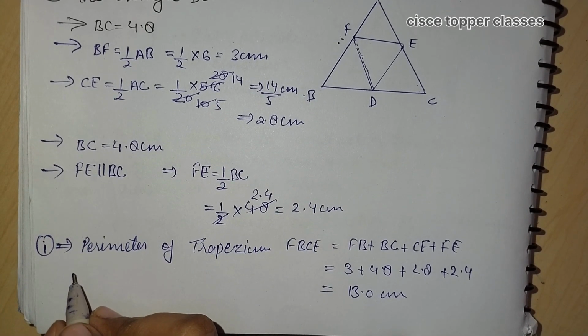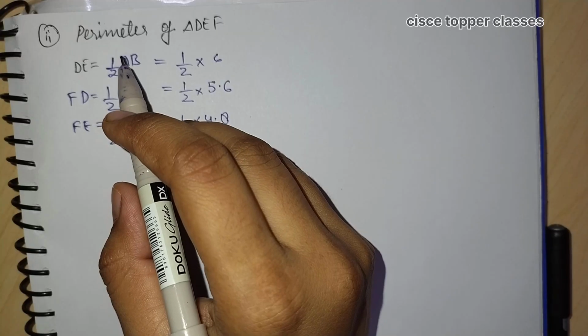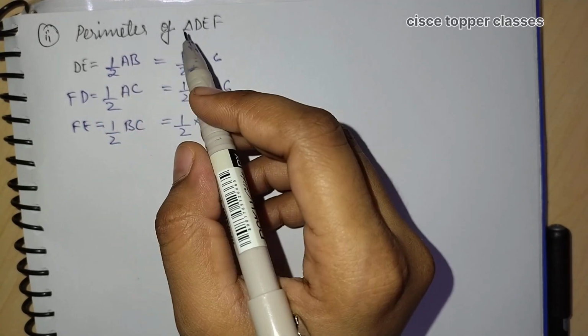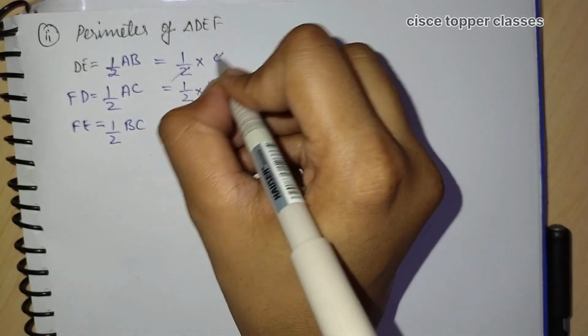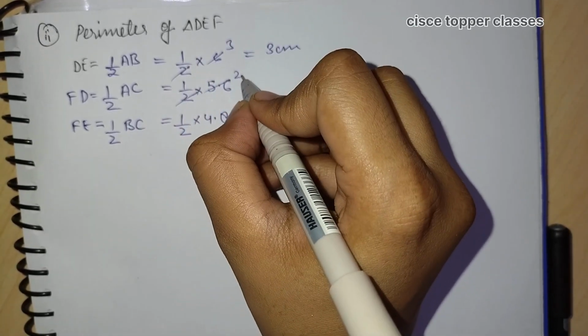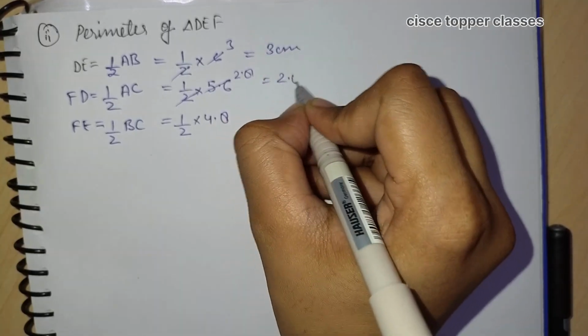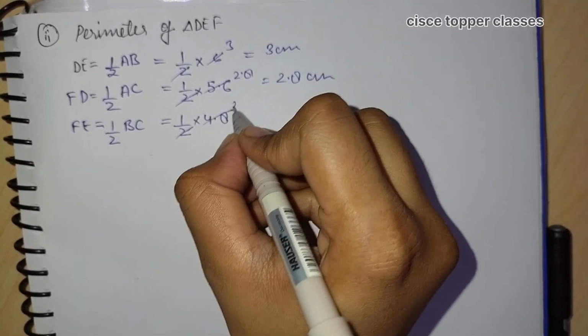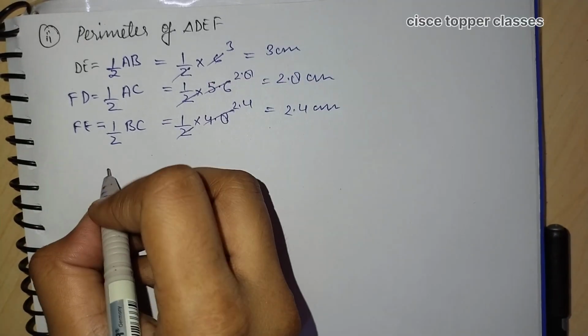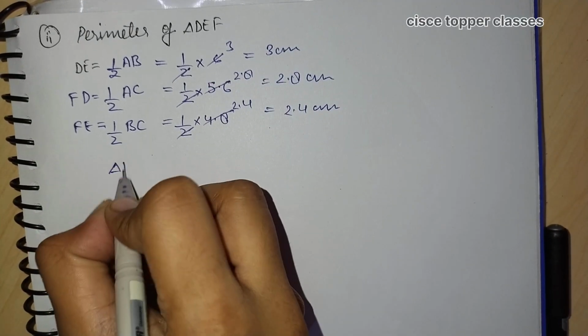Now let us solve the second part of the first question. We have to find the perimeter of triangle DEF. This will be 3 centimeter, this will be 2.8 centimeter and here we will get 2.4 centimeter. Now we have to find the perimeter, so simply we will add these.